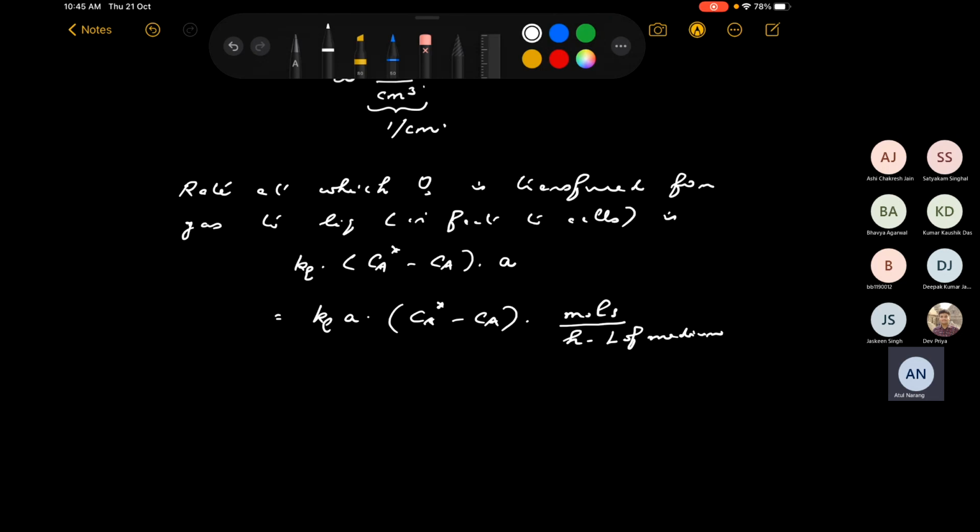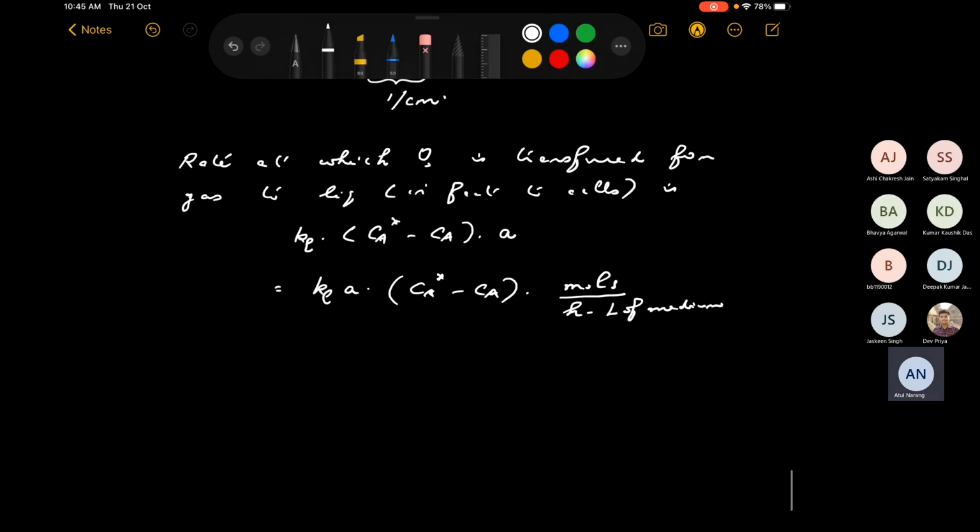Now, actually, it turns out that it's very difficult to measure either KL or A separately. I mean, there are ways of doing it, but they're kind of tedious. So we always treat this as a single quantity.